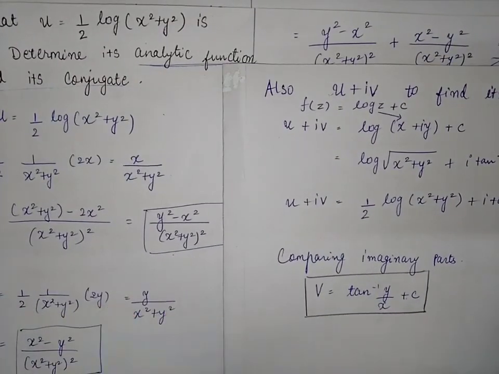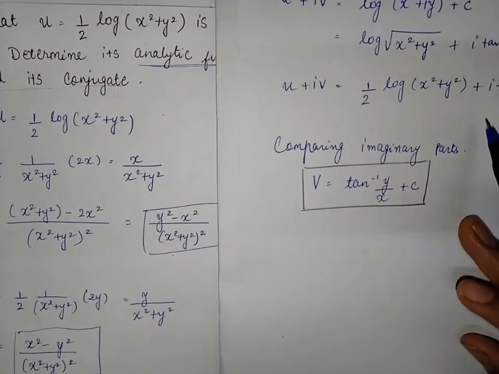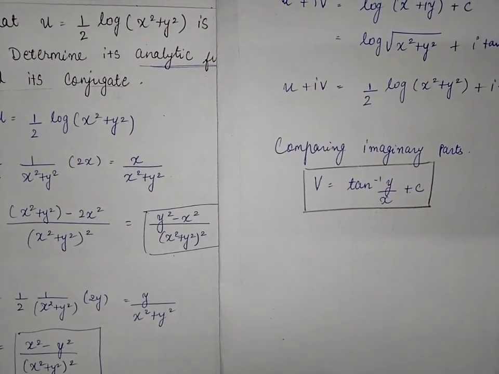So in order to find the conjugate, what is the formula we know? f of z is given to us as log z plus c.